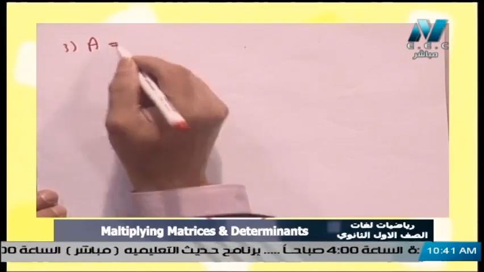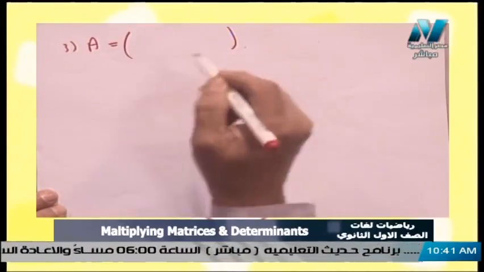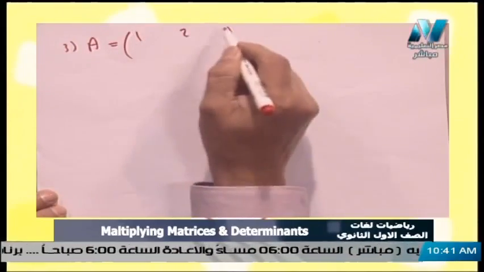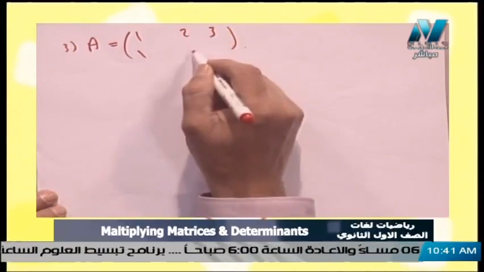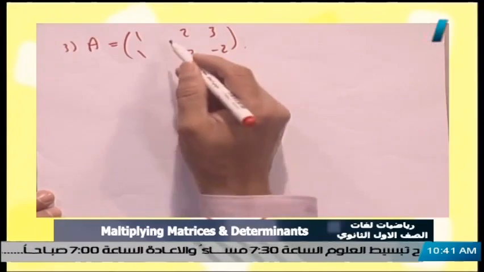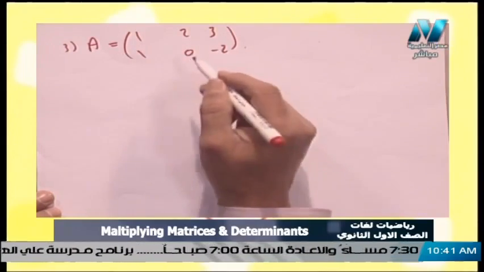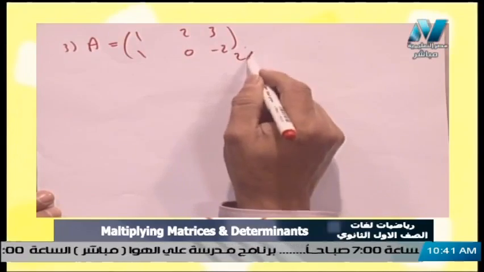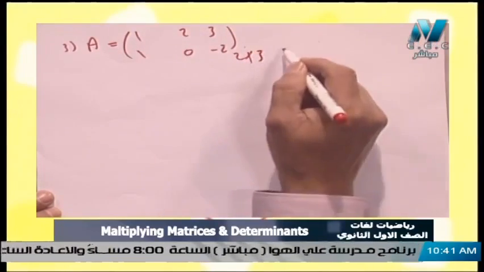If we have another A, example number 3, A here equals 1, 2, 3, 1, 0, negative 2. And of course, this matrix will be 2 rows by 3 columns.